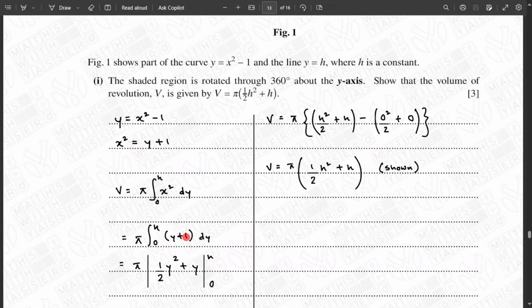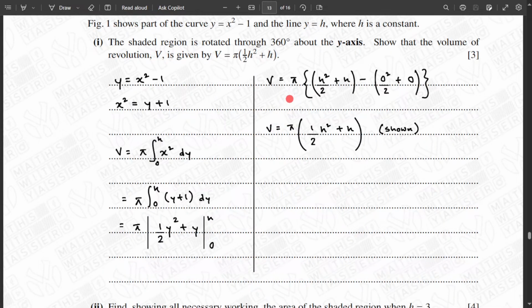If we integrate y plus 1, we get half y squared plus y, with limits h and 0. When we substitute h and 0, we get h squared by 2 plus h minus (0 squared by 2 plus 0). The second part becomes 0, and we are left with half h squared plus h. So V equals pi times (half h squared plus h).